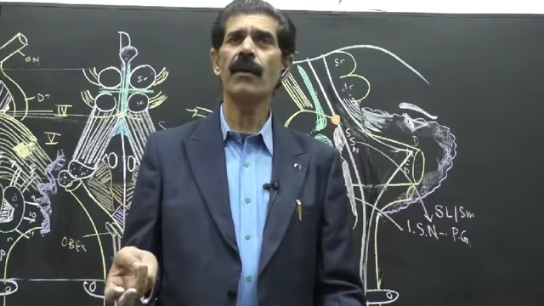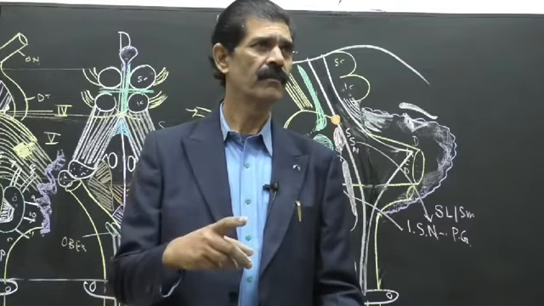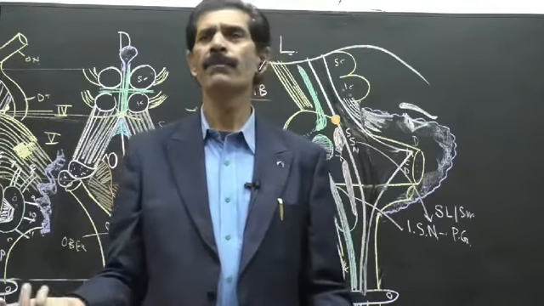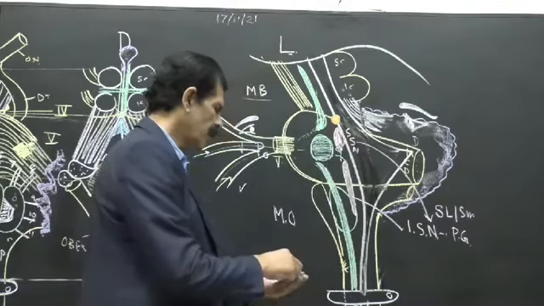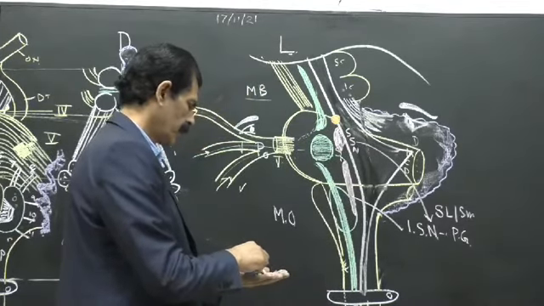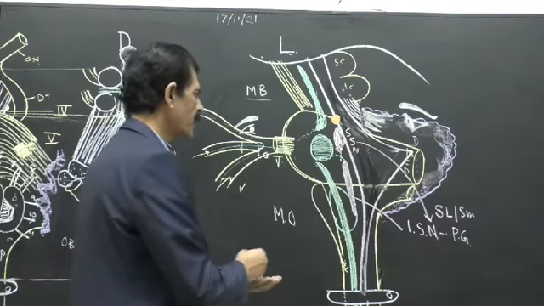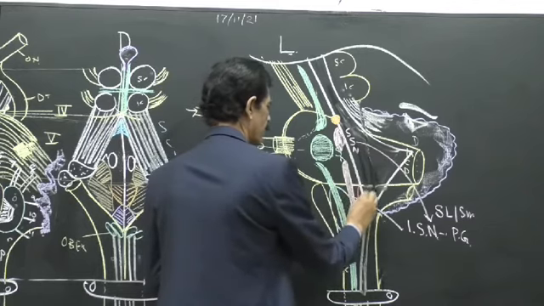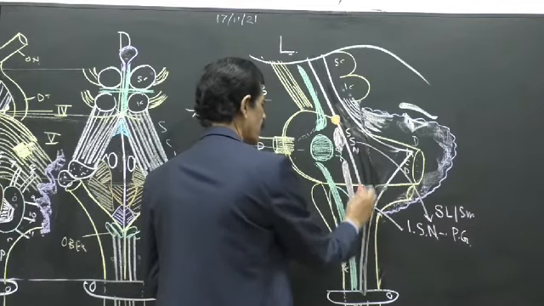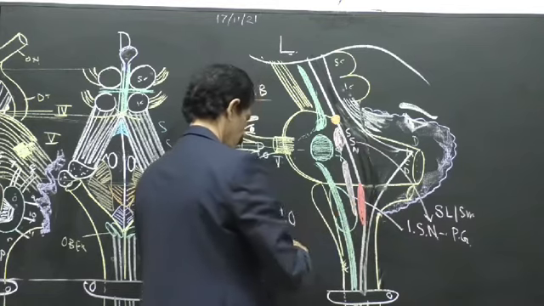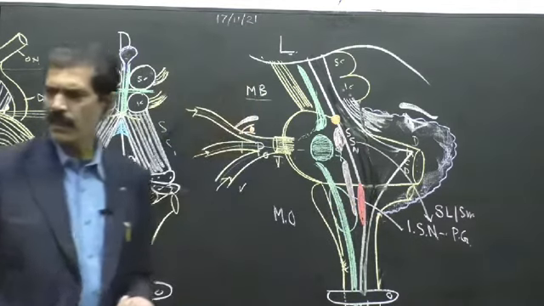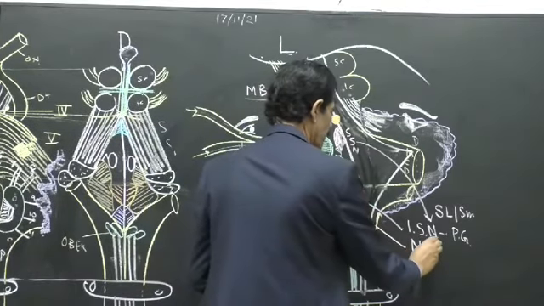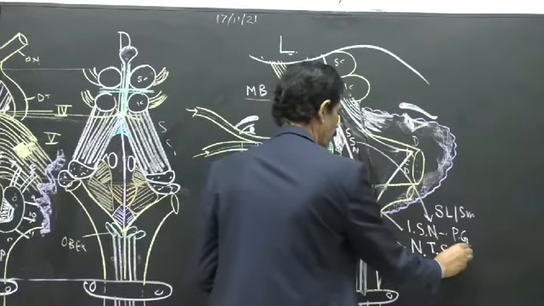Anterior 2/3 by chorda tympani, the facial nerve. Posterior 1/3 by the glossopharyngeal, and posterior most by the vagus nerve. So all these 3 nerves bring the taste sensations, which ultimately end in the NTS, that is nucleus tractus solitarius. This NTS is situated in the medulla. NTS, nucleus tractus solitarius, or the TS nucleus.